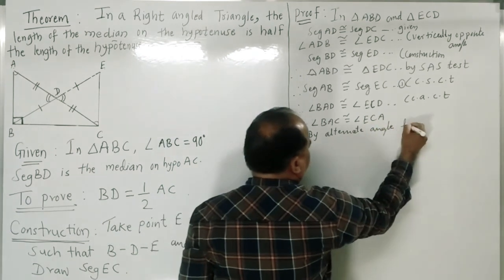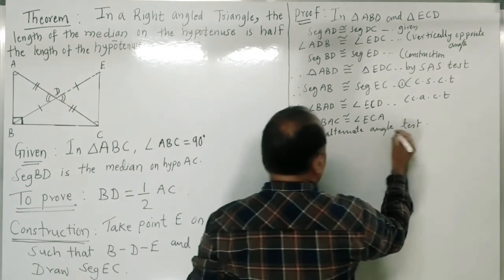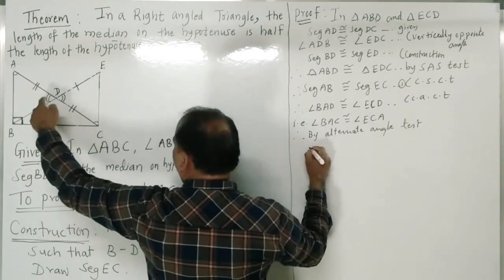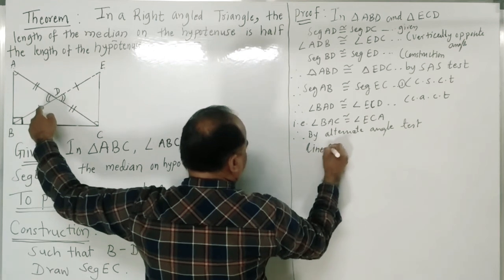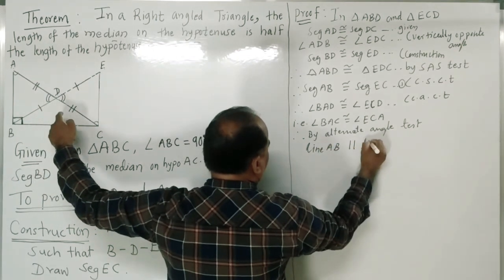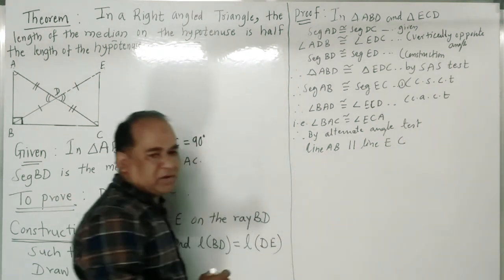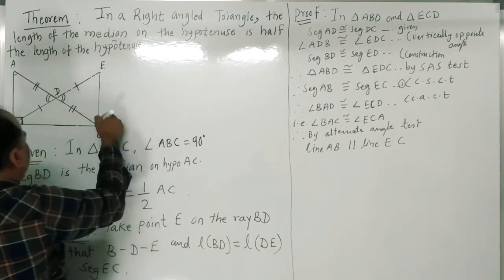Considering AC as the transversal, by the alternate angle test, line AB is parallel to line EC. So these two lines are parallel.